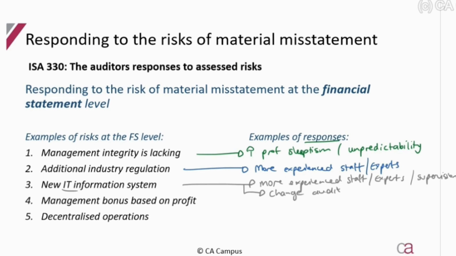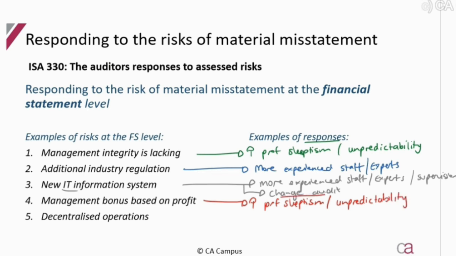If management receives a bonus based on profit, there's a risk they're going to overstate income items and understate expenses in order to get that bonus because profit will be increased. So, as auditors, we can increase our professional skepticism, be more questioning of other income items or expenses, be unpredictable in which class of transactions we test.